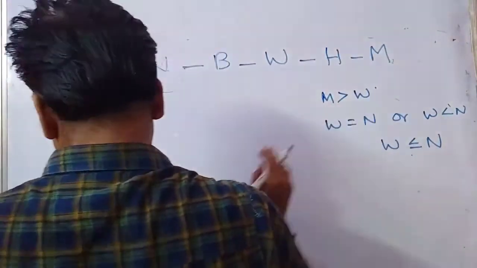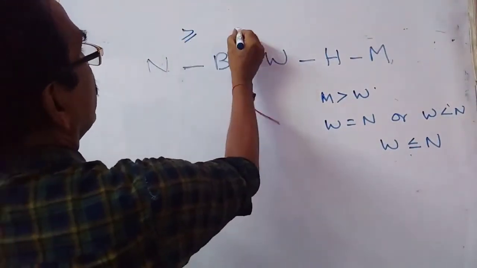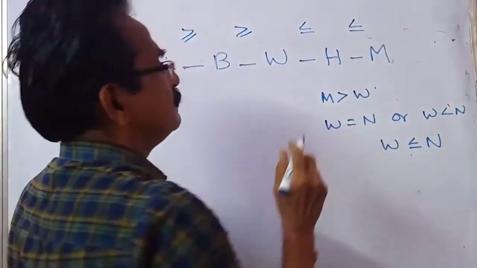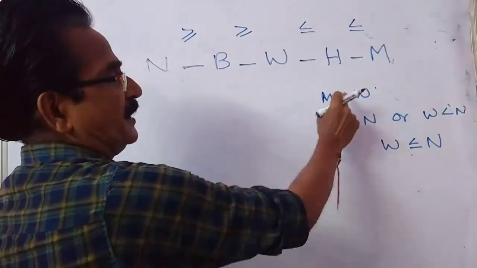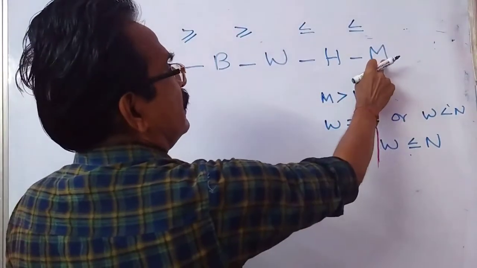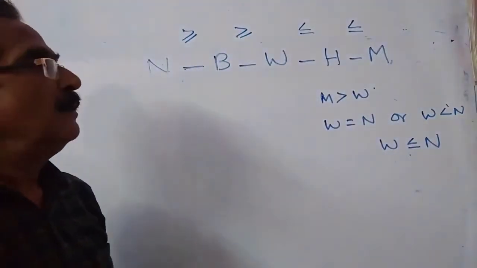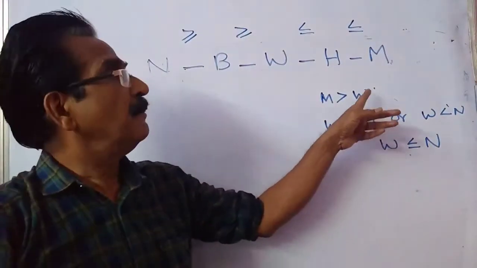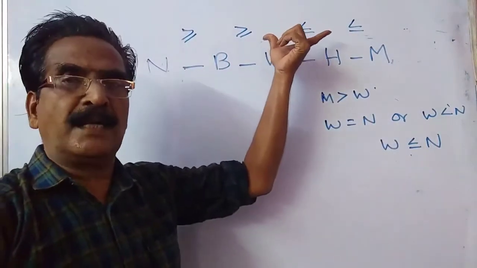Now let us see the third option. Greater than or equal to, less than or equal to. So first conclusion, M greater than W. M greater than or equal to W. Our conclusion is M greater than W. But what conclusion can you derive with these symbols?